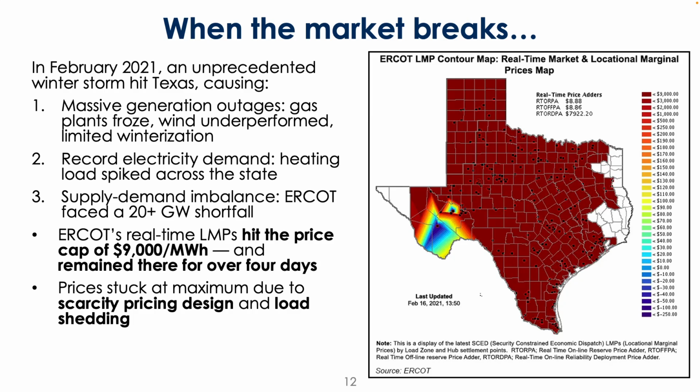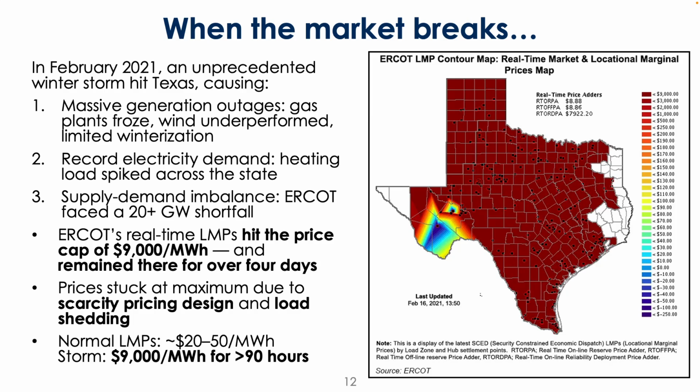Scarcity pricing, yeah. Just for context, what's California's cap for energy? I think it's like, I want to say it's 10,000, but I don't think we've ever come close. Well, we have resource adequacy, they don't have that. Yeah, because we're going to talk about capacity markets.